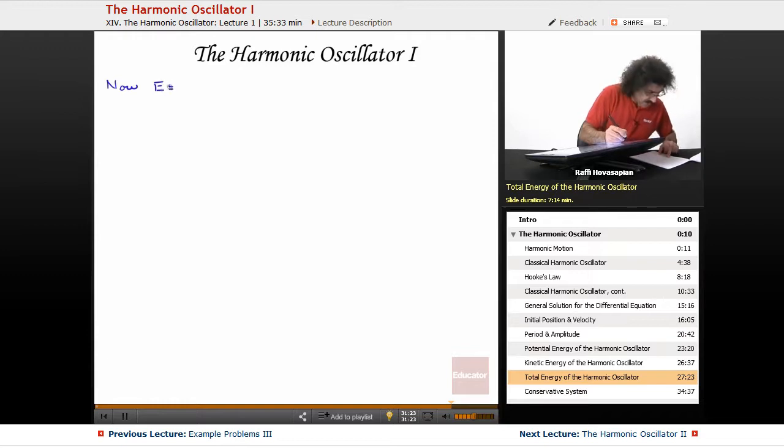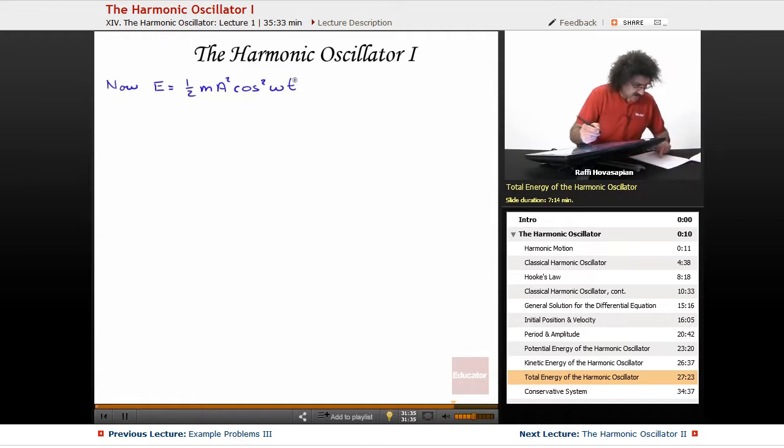So we have our energy is equal to 1/2 m A squared cosine squared omega t. Did I get my equations right here? I'm always messing up my sines and cosines. Kinetic plus potential.